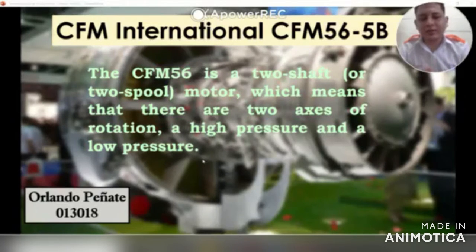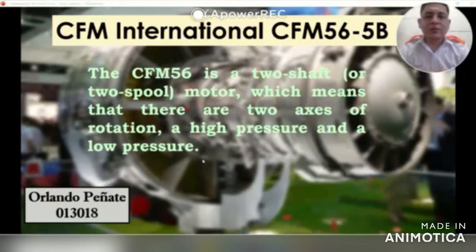General Electric is responsible for the high pressure compressor, the combustion chamber, and the high pressure turbine, while Snecma is responsible for the fan, the low pressure turbine, and accessory gearbox. The engines are assembled by General Electric in Evendale, Ohio, United States, and by Snecma in Villaroche, France.